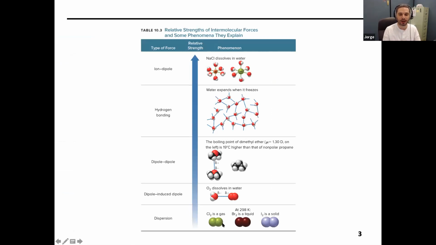Remember here the order and magnitude of each intermolecular force: dispersion, followed by dipole-induced dipole, dipole-dipole, hydrogen bonding, ion-dipole, and we can have higher here, ion-ion as well.